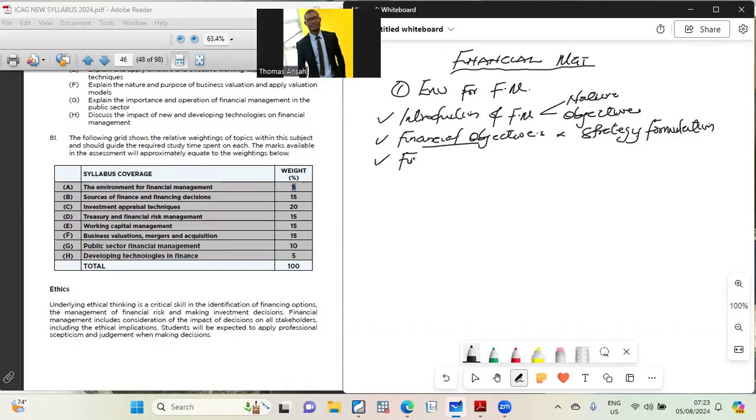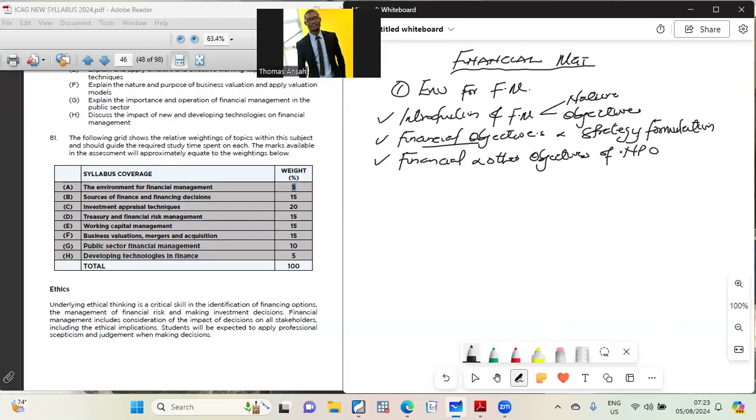So we will be looking at their financial and other objectives. All right, so that is that.